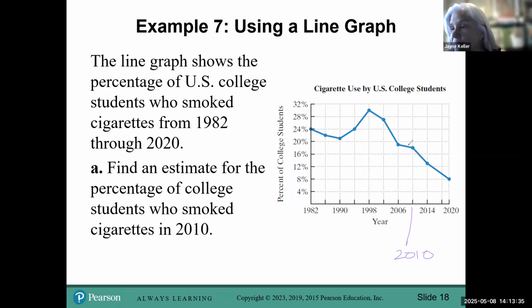And then if I want to estimate, I have to think about going over to where that line hits on this axis. So it looks like maybe 17, I didn't draw that line perfectly straight, but maybe 17%, 18%, I'm going to call it 18%. We're estimating, right? So we don't have to get it exactly right. But that would be an estimate for the number of smokers in 2010.